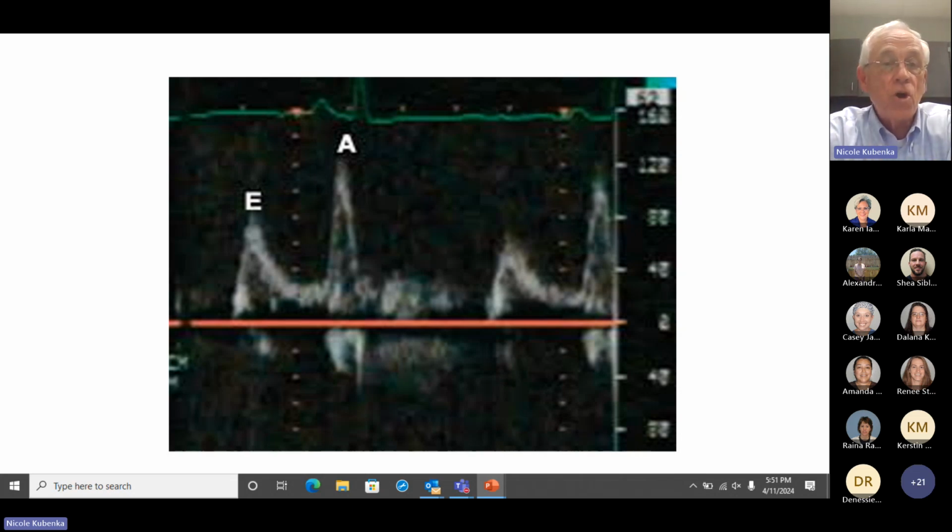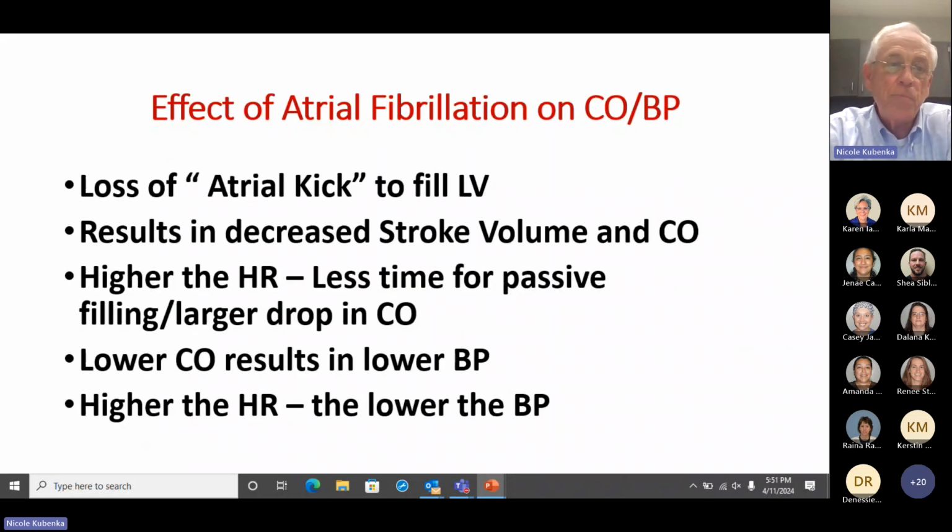Okay. When the heart rate is normal, that little bit of lost fill is not a big deal. But here's what happens as heart rates get faster. We just talked about the fact that with atrial fibrillation, you lose that atrial filling, that atrial kick.